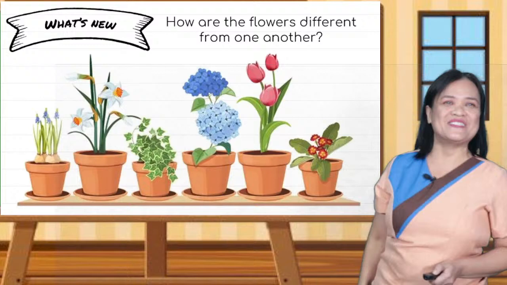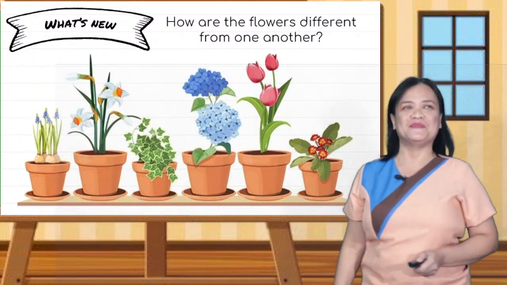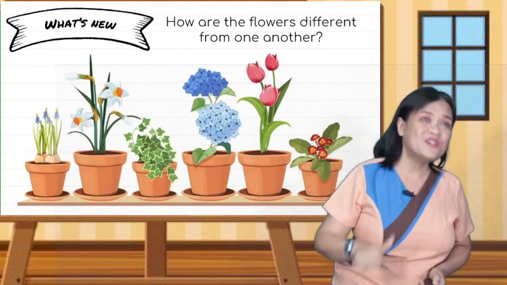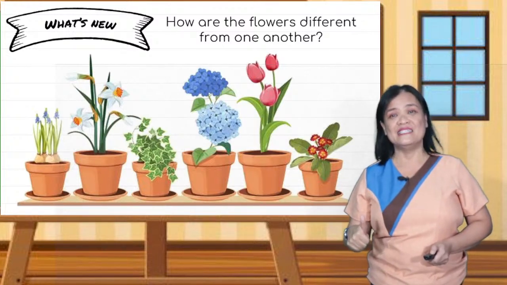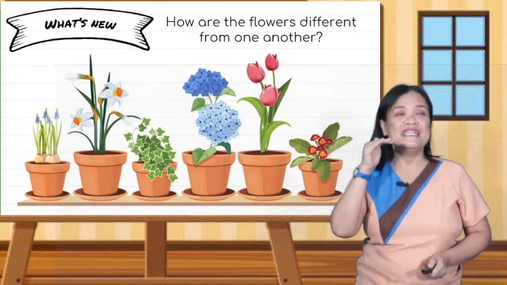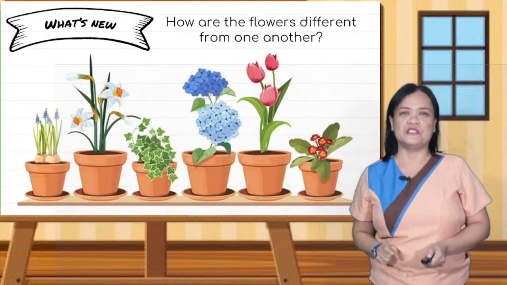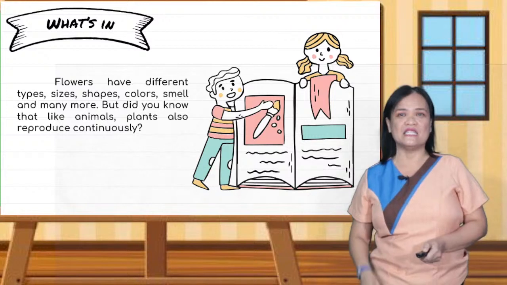Size. Yes, you're correct, kid. What else? Shape. Yes. Another one. The color. Okay, very good. What else? The smell. Kahit hindi natin na-smell, pero smell is one that differs from one another. Their smell.